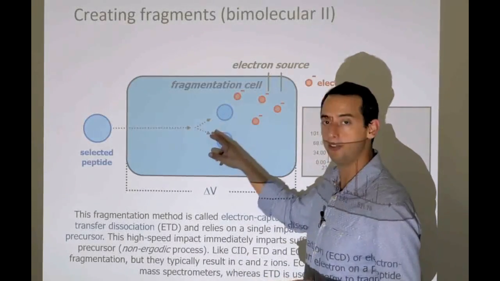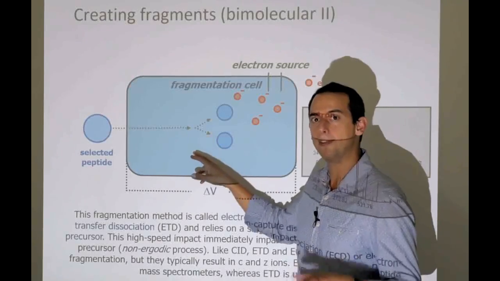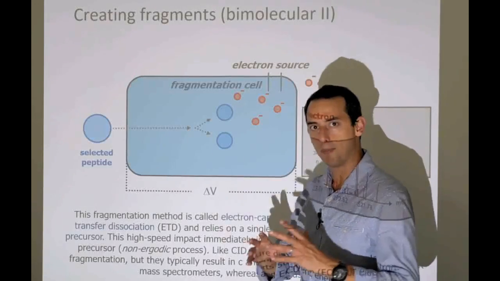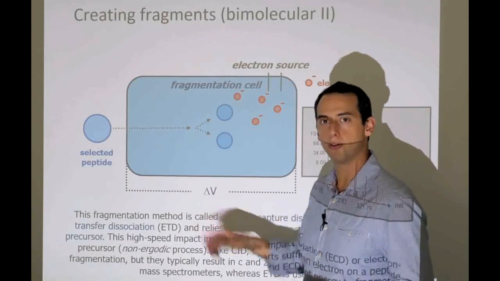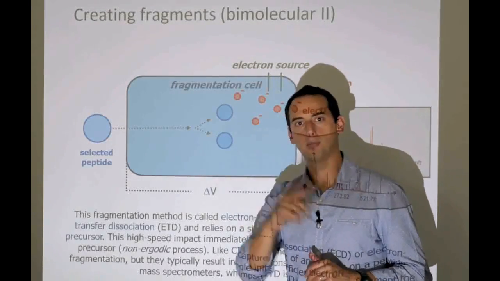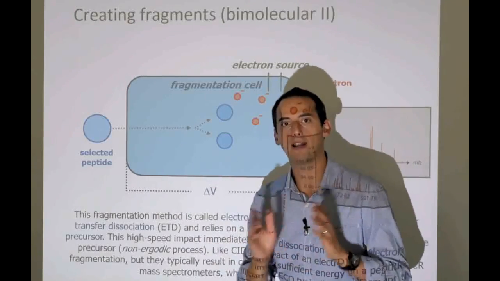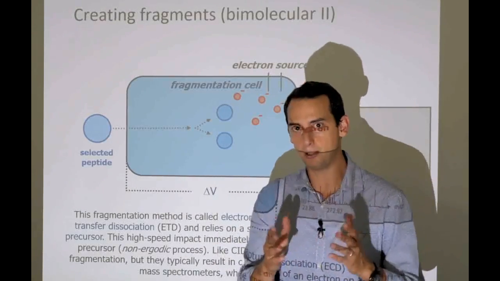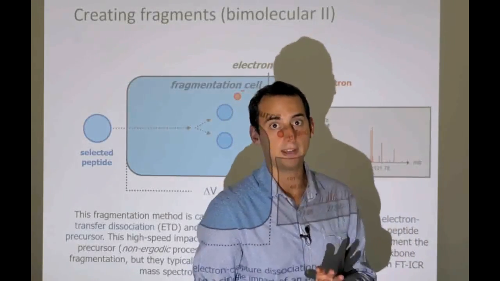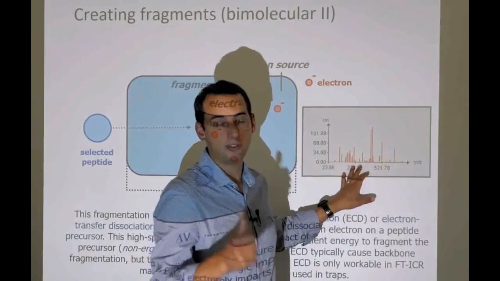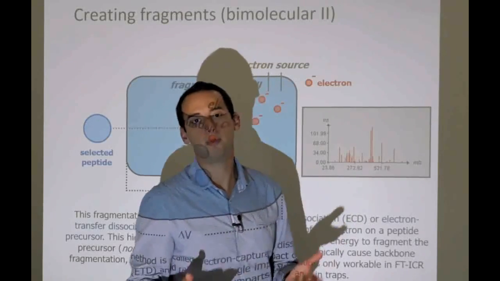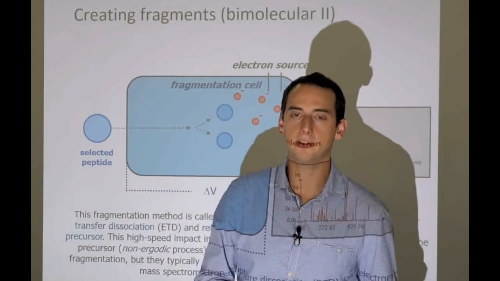They use ETD or ECD to fragment as the primary mechanism, but at the same time, and this is often done in trap instruments, in the trap they increase the energy by setting the voltages higher, and this creates more violent back and forth motion, which leads to collisions between the peptides and generates Y ions and B ions to some extent as well. So in those cases, you get a mixture of C, Z, B and Y ions. And that gives you better coverage, but it makes for a slightly more difficult to interpret spectrum. Nevertheless, this is quite popular.